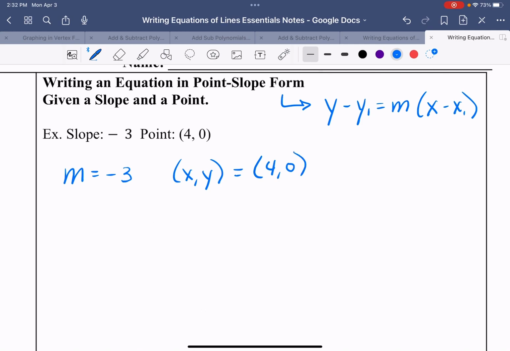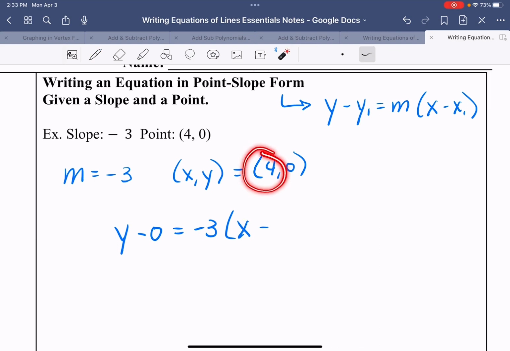Now all we need to do is plug all those numbers into this equation, and we get y minus, here's our y1, so you could write y minus 0 equals our slope -3 times x minus, here's our x, we're going to plug that in, 4.